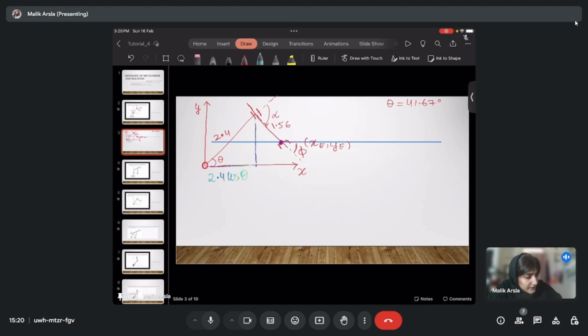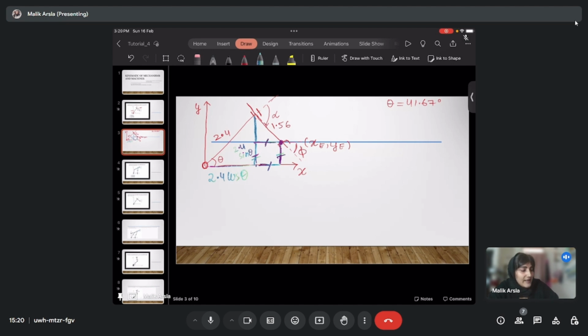Now I need to figure out this length, and this length will be equal to this length, so if I figure out this length, this length will automatically be known. And this whole length here will be 2.4 sine theta, this vertical length. Now if I find out this length and subtract it from this length, then I will get the y coordinate, right? Because this length will be equal to this length.